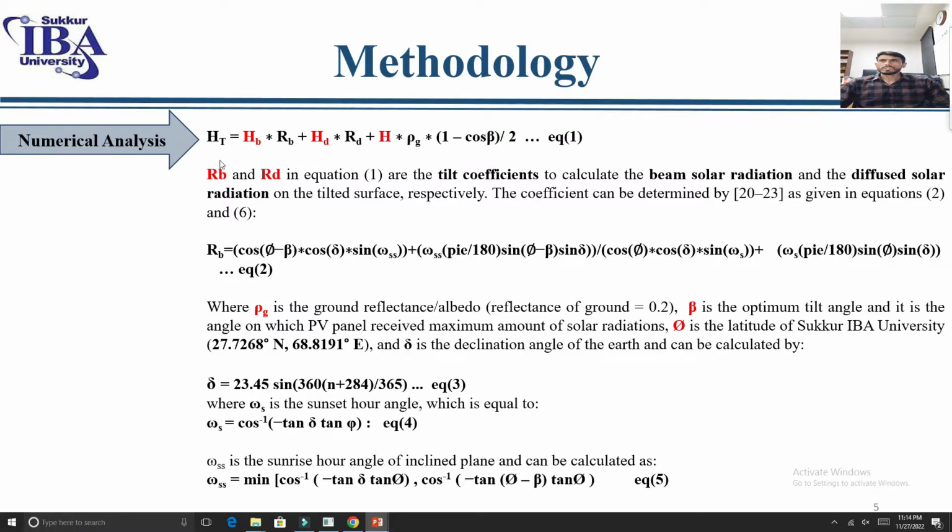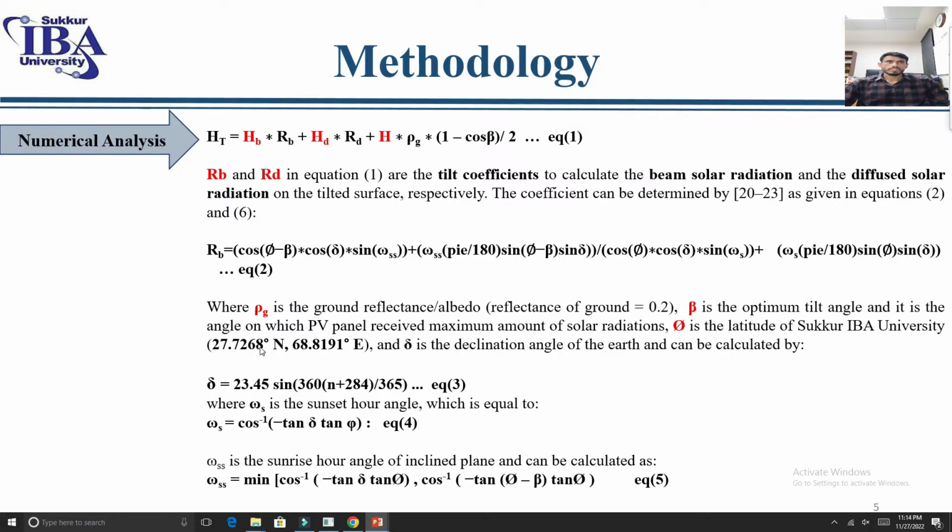So this is the numerical analysis where all the equations are used and modeled in Simulink. The first equation is total irradiance, which is the main equation, where RB and RD are the tilt coefficients to calculate the beam solar radiation and the diffuse solar radiation on a tilted surface. RB can be calculated with equation 2, where rho g is the ground reflectance, its value is 0.2.